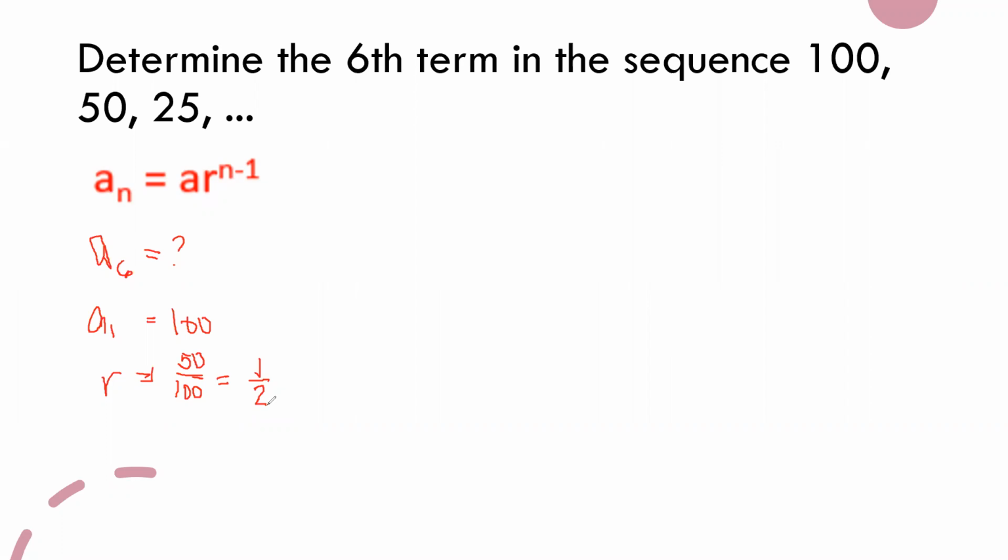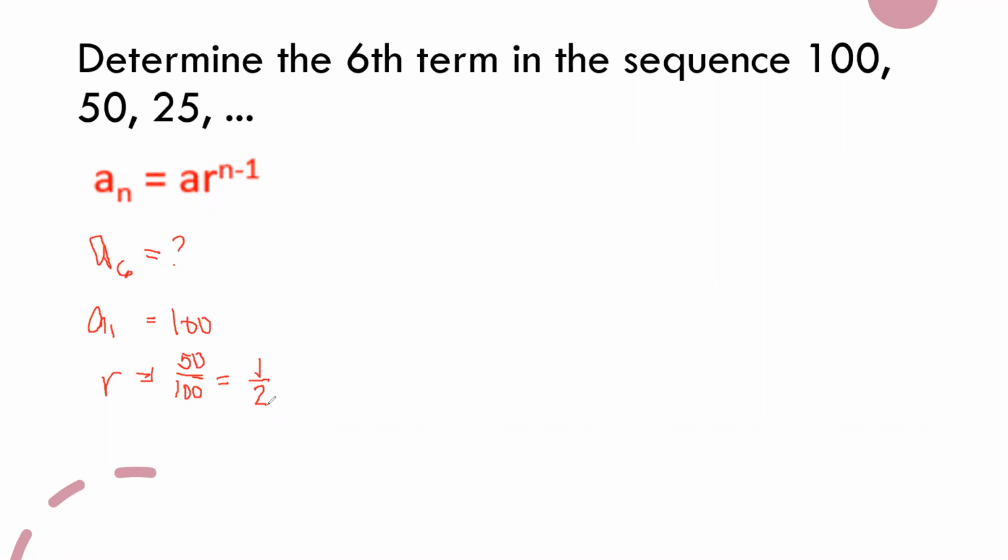Example, 1/7. 1/7 kapag dinivide nyo ang 1 sa 7, masyadong mahaba yon, hindi natatapos. Ibig sabihin, bawal muna kayong mag-round off. Pag ni-round off nyo, magkakaroon ng difference sa ating sagot. Magkakaroon tayo ng pagkakaiba ng sagot.